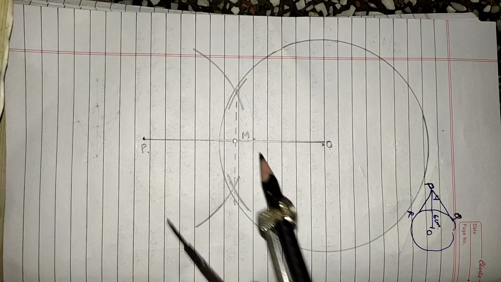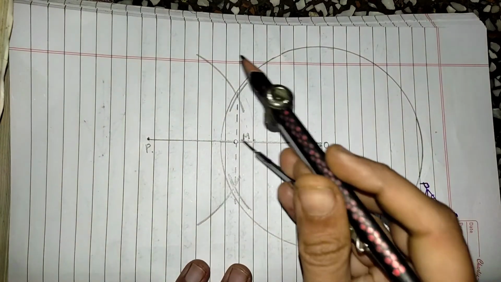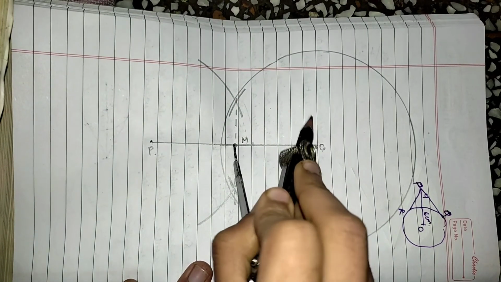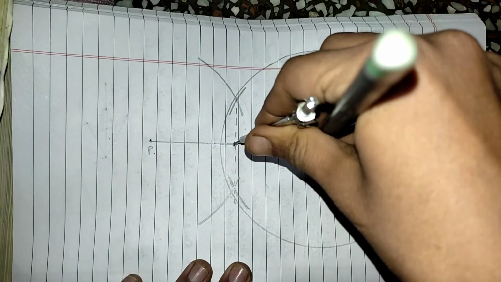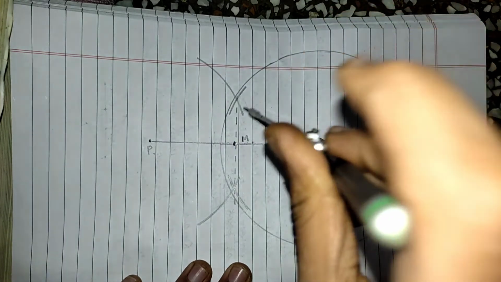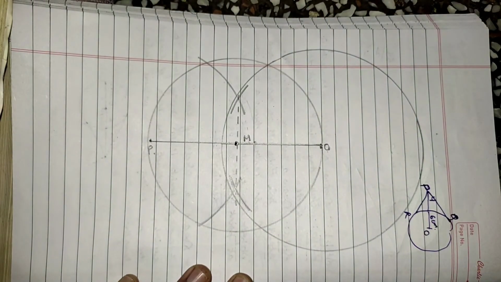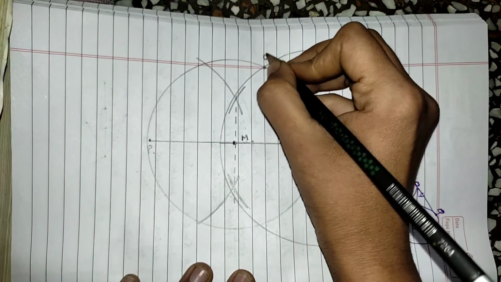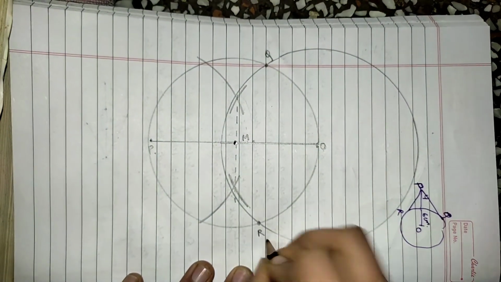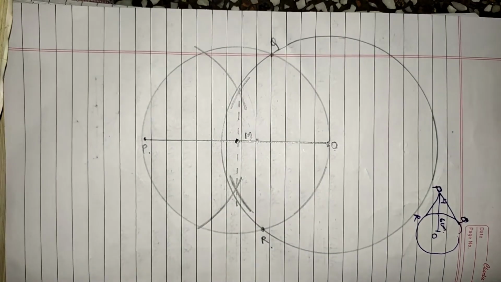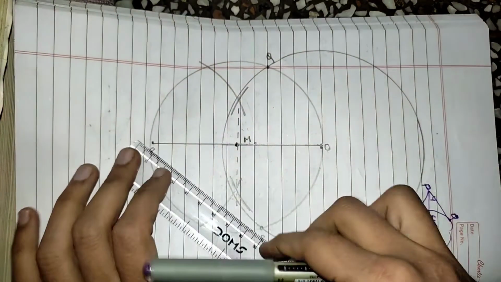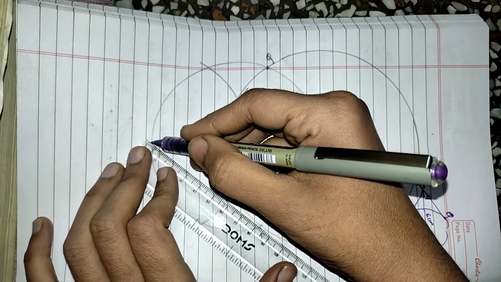Next step is what? Now take PM or MO as the radius, because this is the midpoint, so it doesn't matter whether you take PM or MO as the radius. Draw another circle which is going to intersect our given circle at 2 points, which we will name point Q and point R. Now join these 2 points, PQ and PR.